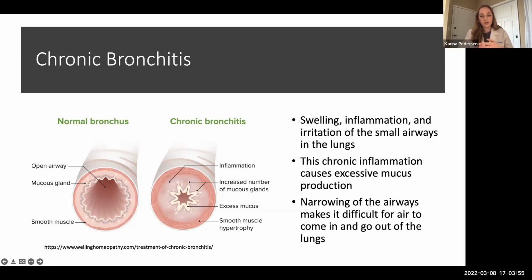It's quite difficult to explain without getting really scientific, but this causes excessive mucus production. So in chronic bronchitis, often you'll notice an increase in sputum and phlegm. Also, it's important to keep in mind that when you have COPD, it's often a mixture of emphysema and chronic bronchitis. Often people get diagnosed with just COPD in general for this reason.